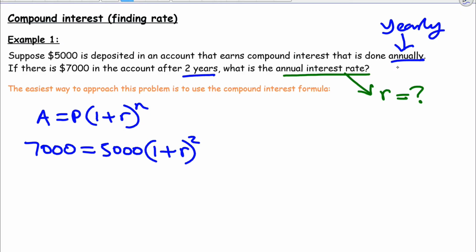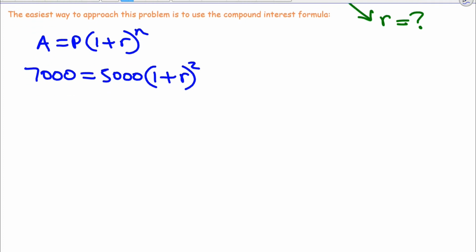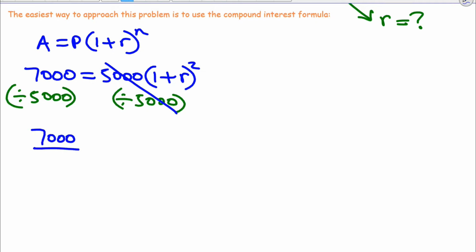Now, we'll start by separating the bracket. So the bracket is on one side and everything else is on the other side. So we can do that by dividing by 5,000 on each side. So basically 5,000 divided by 5,000, that will be equal to 1. So we'll end up with 7,000 over 5,000 is equal to 1 plus R squared.